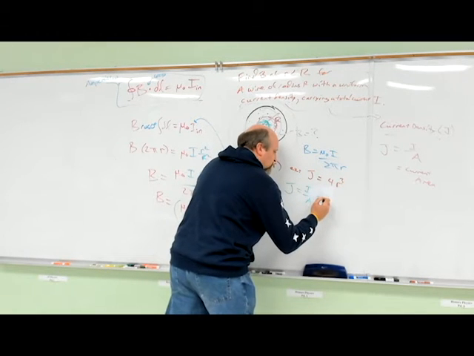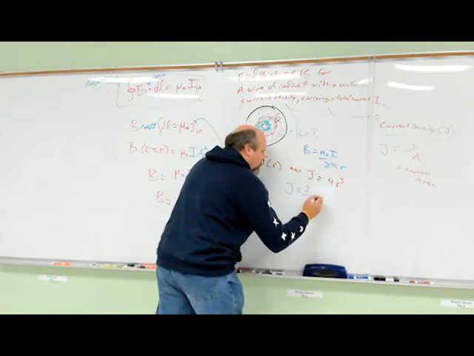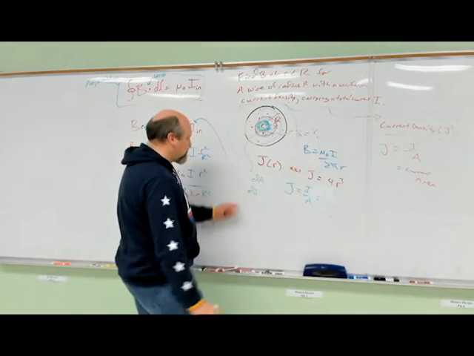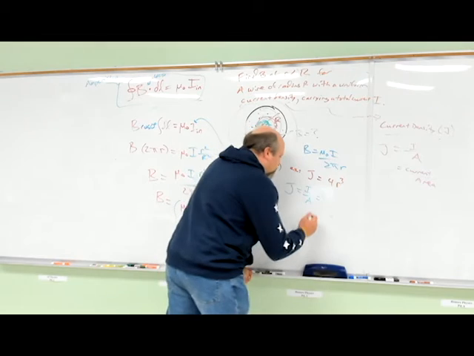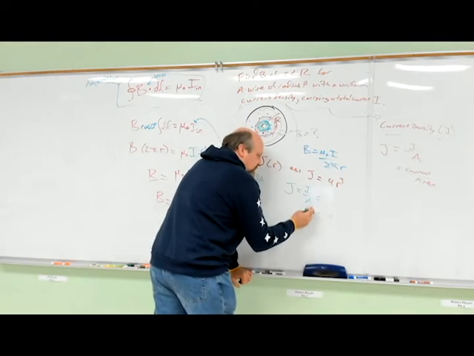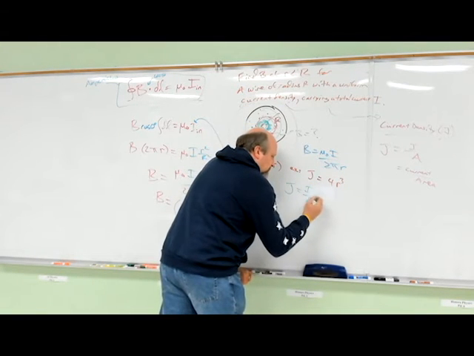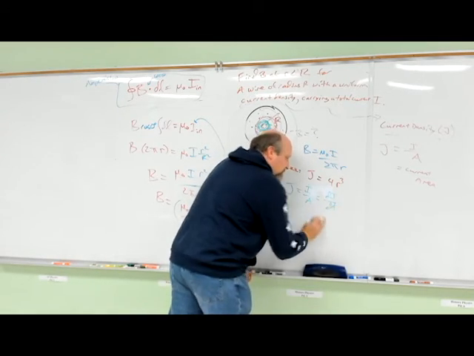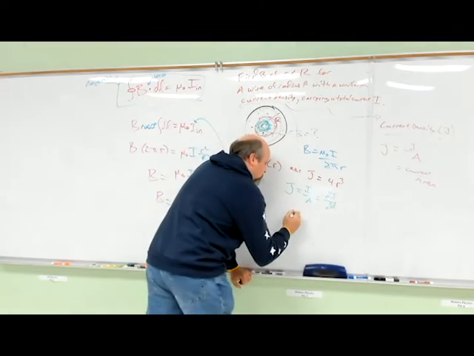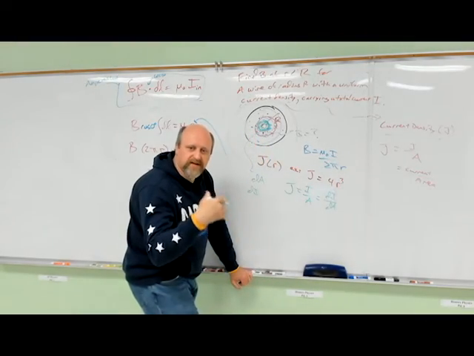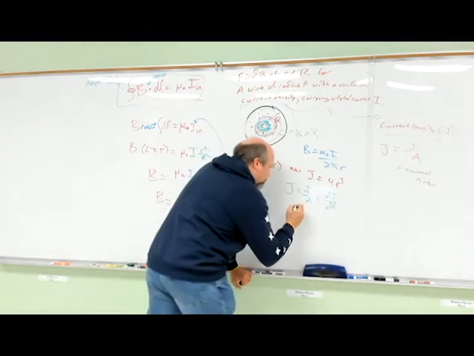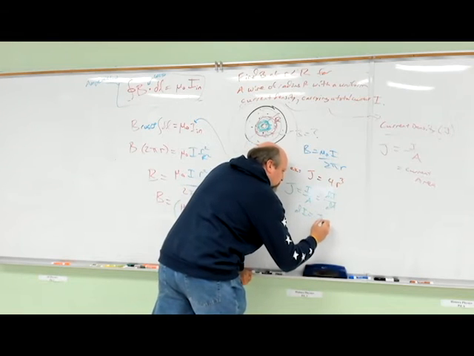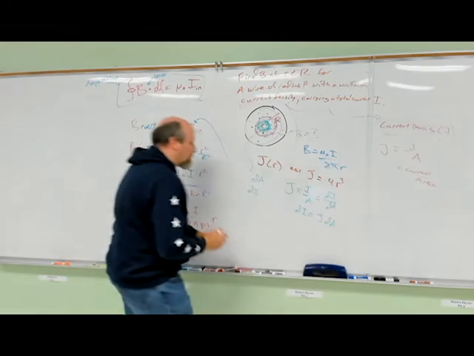So this slice carries a current dI in that area, dA. My current to area ratio is J. And so rearranging, dI over dA would be J. This is just like when we use lambda and sigma and rho, right? And so rearranging this, dI is J dA.